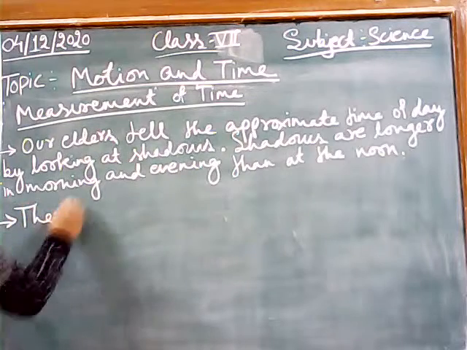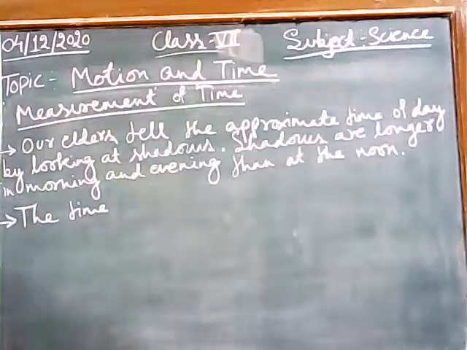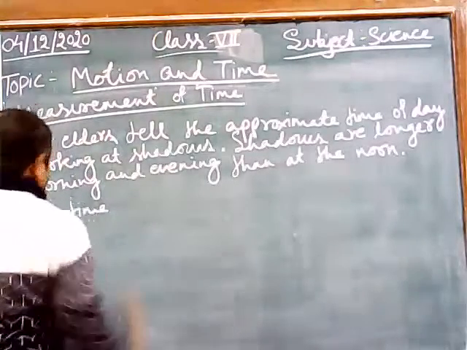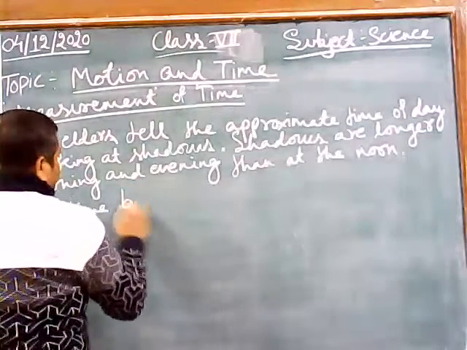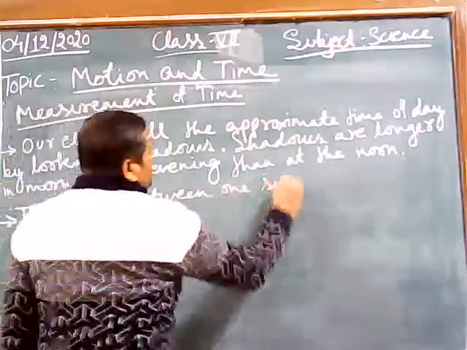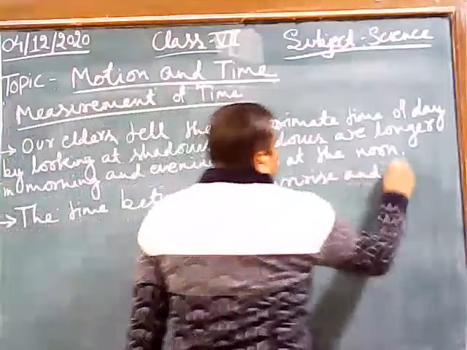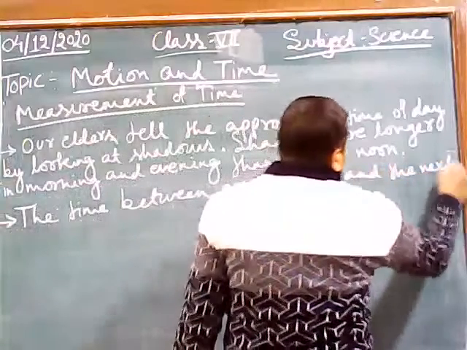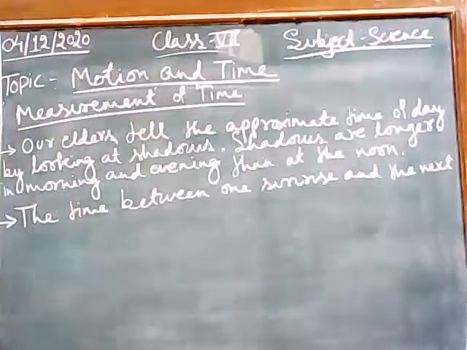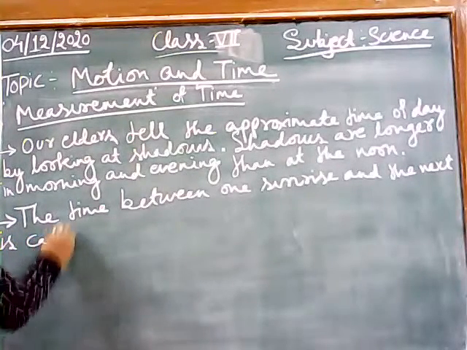The time between one sunrise and the next is called a day.